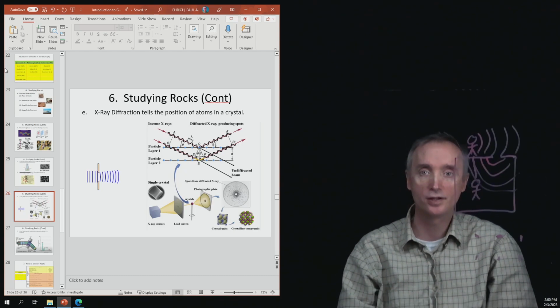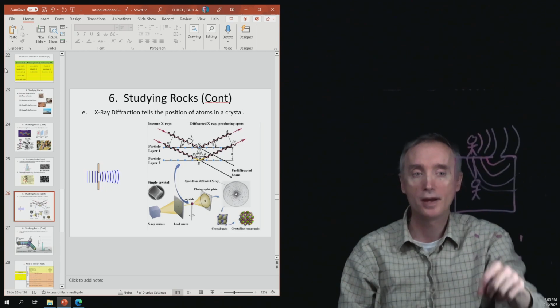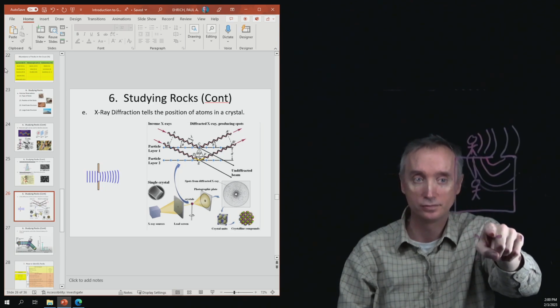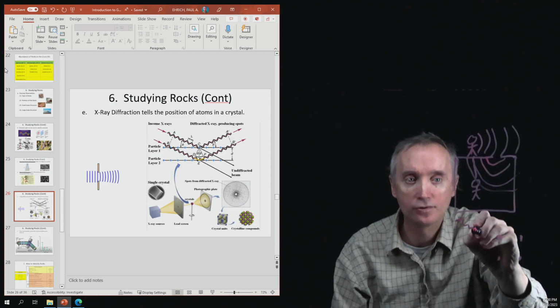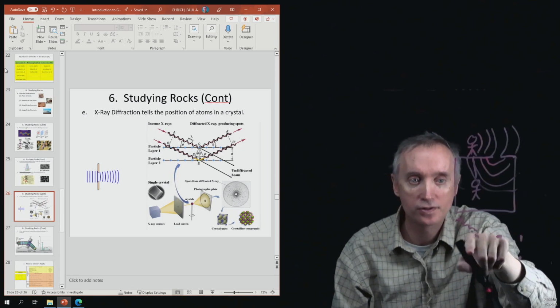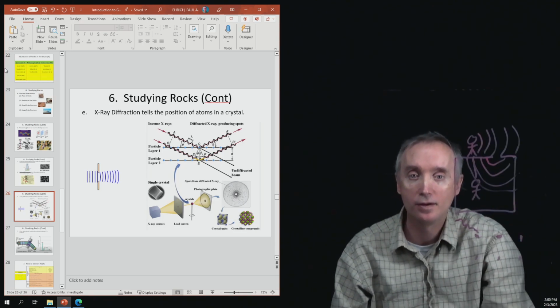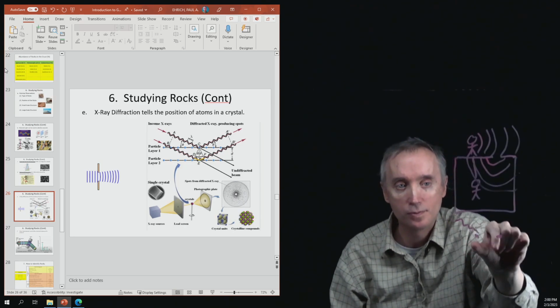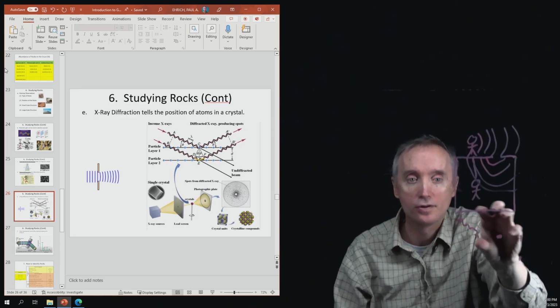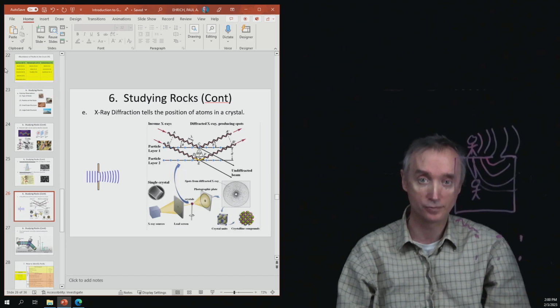So what we're going to do is take X-rays, take light, and pass it through the crystal. Whenever the light rays encounter these crystals, they're going to be diffracted a certain amount, and the amount of diffraction is going to depend on the distance between the atoms and also the spatial arrangement of those atoms.